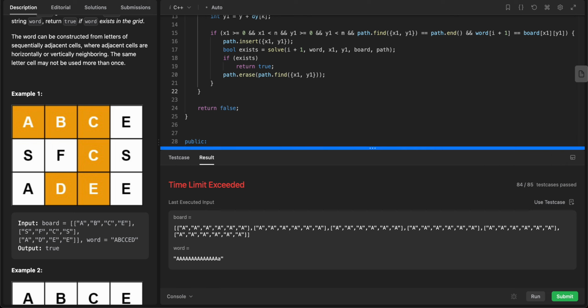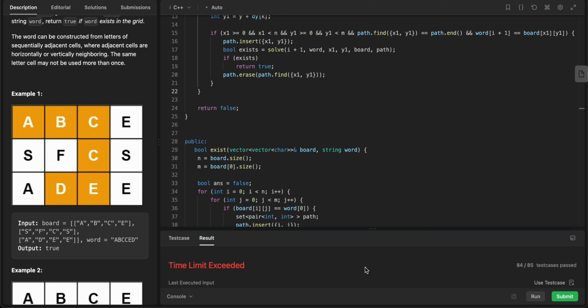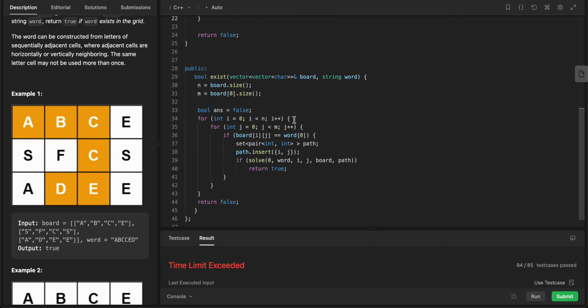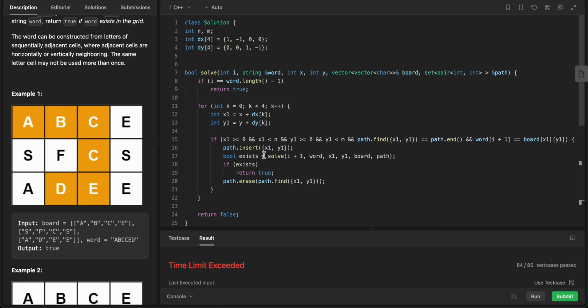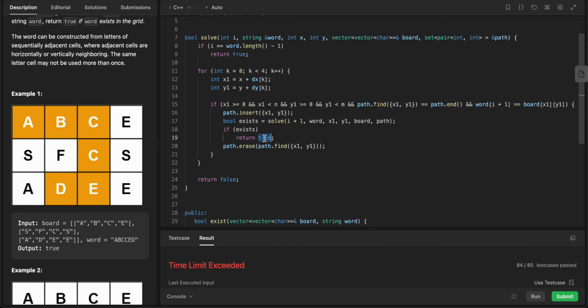Okay, at least it is working. Why it would keep TLE? Word. I'm also directly returning it. Path is board is board, everything is by reference only. I'm not double counting anything.